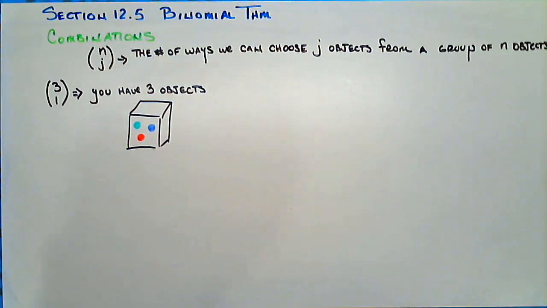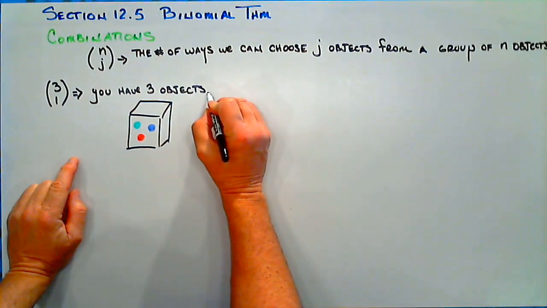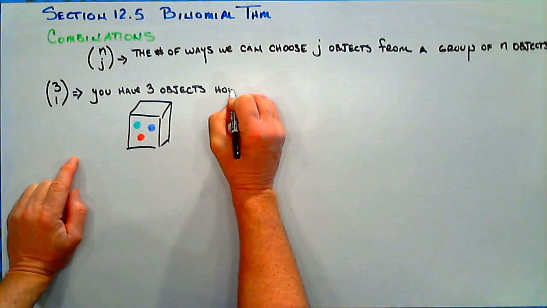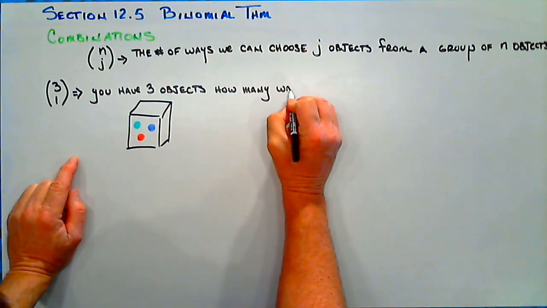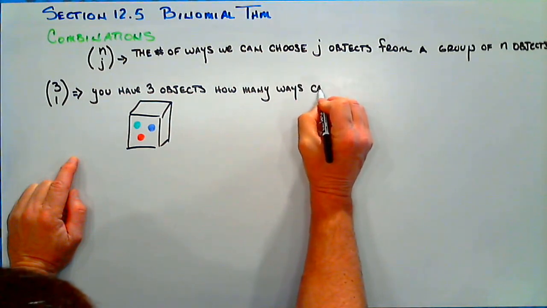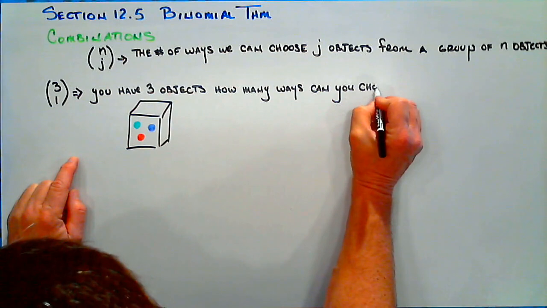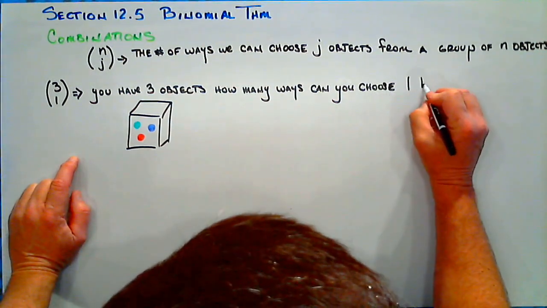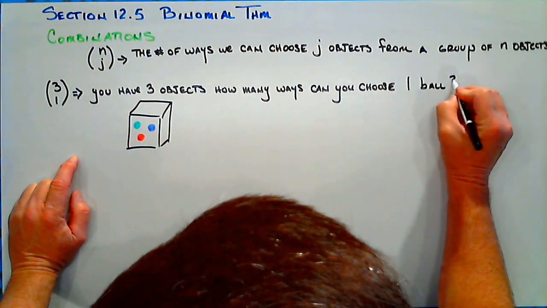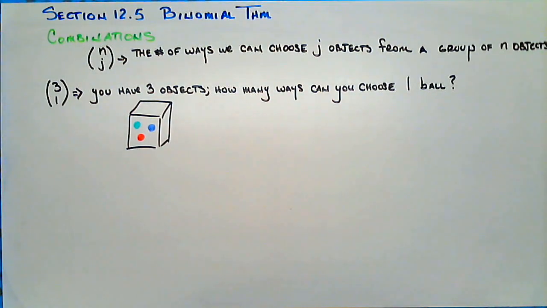And the question is, so you have 3 objects, how many ways can you choose 1 ball?